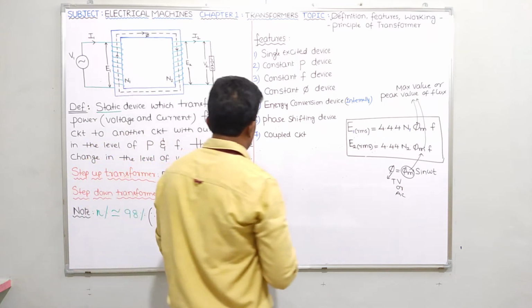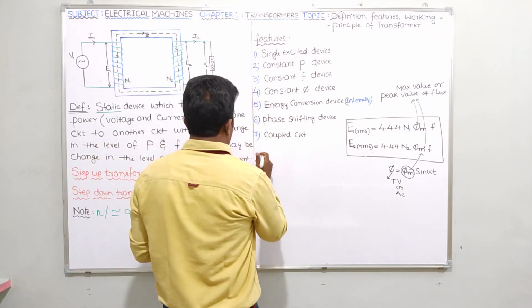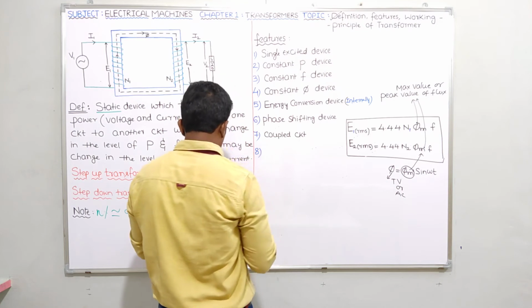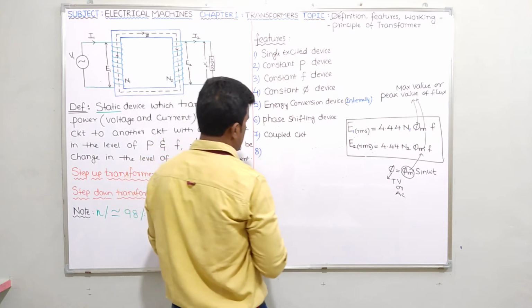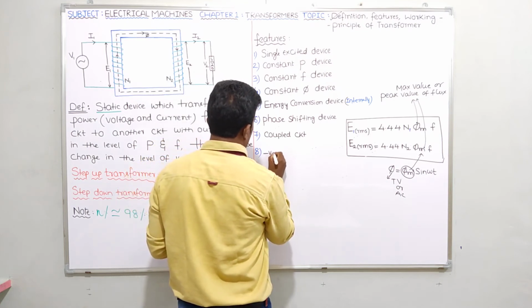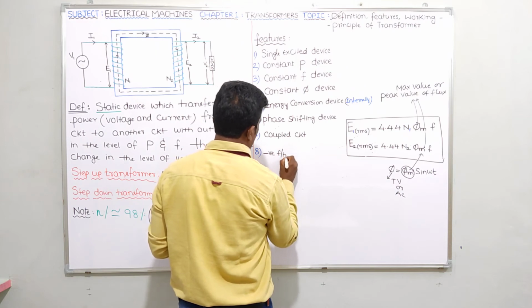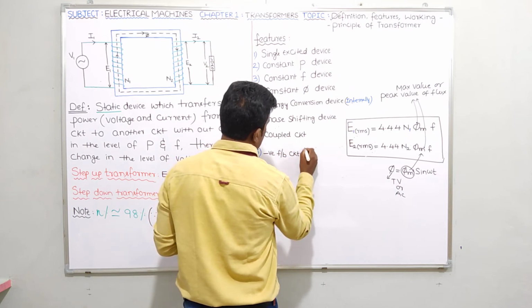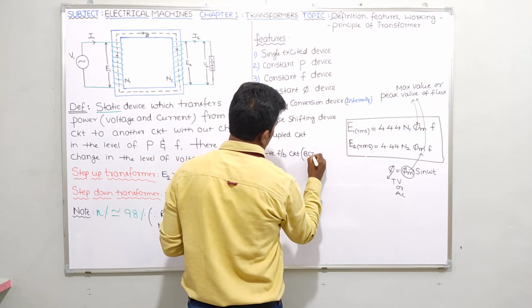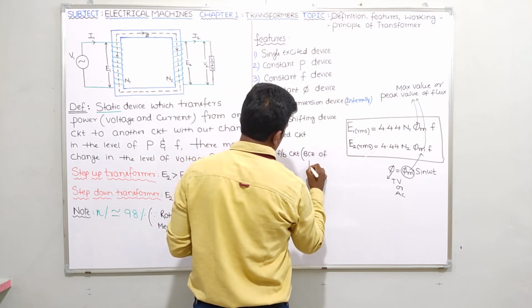Next point, can I call transformer as negative feedback circuit? Yes, we can call transformer a negative feedback circuit. What is the reason? Simple, because of Lenz's law.